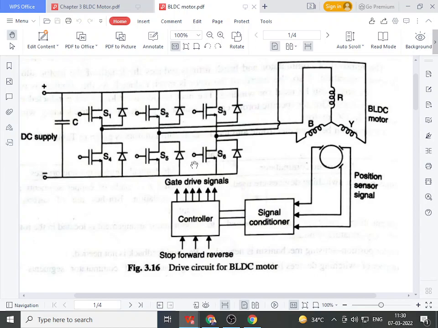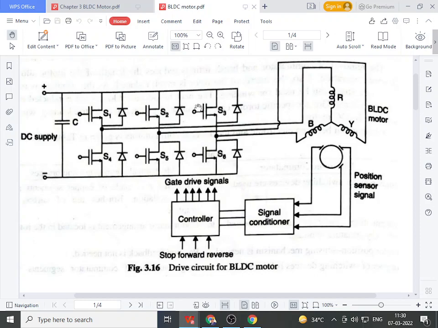At the same time, all three switches of the upper leg or all three switches of the lower leg are not turned on, because if that is so, all three phases of the stator will not be excited, and the phases should not carry any current if the upper three switches or lower three switches are turned on.